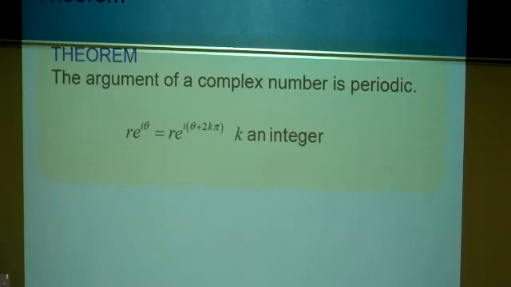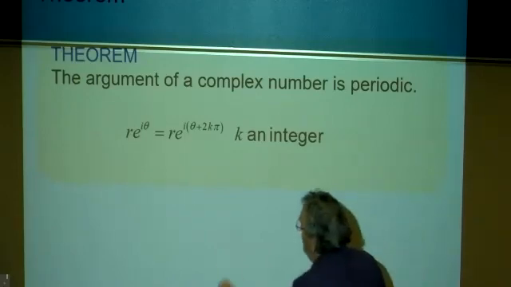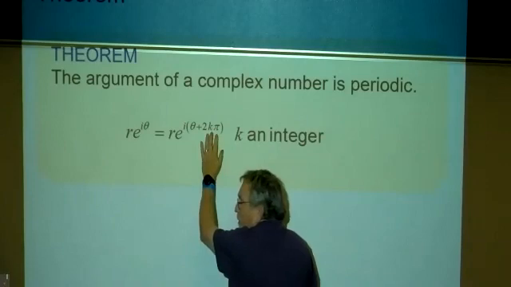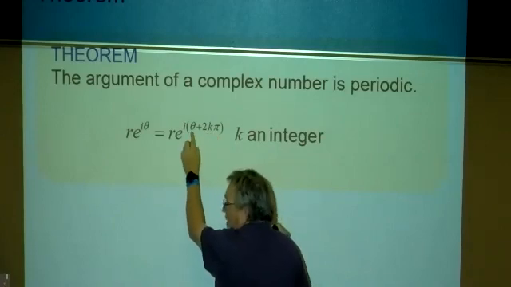So 2 pi k, I'm used to it being written as 2 pi k, where you're multiplying 2 pi by a number. This is just how many times you are going around the circle. That's all. You still wind up at theta.